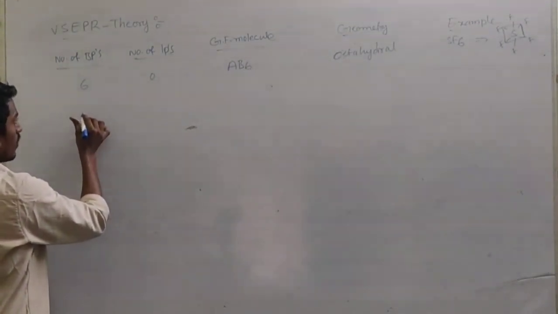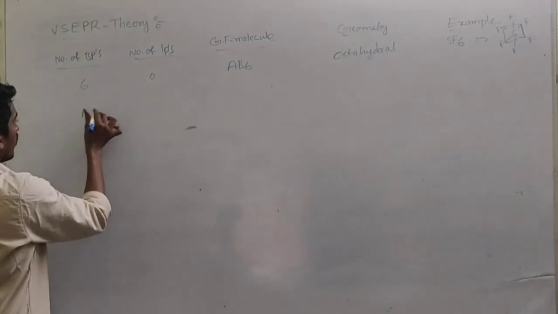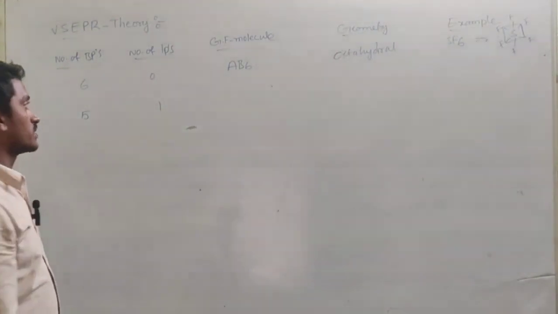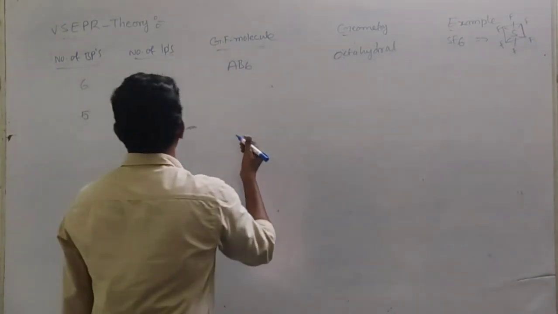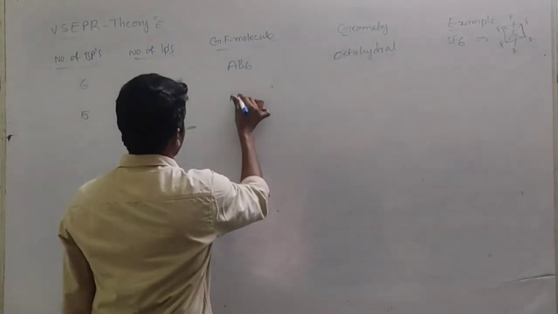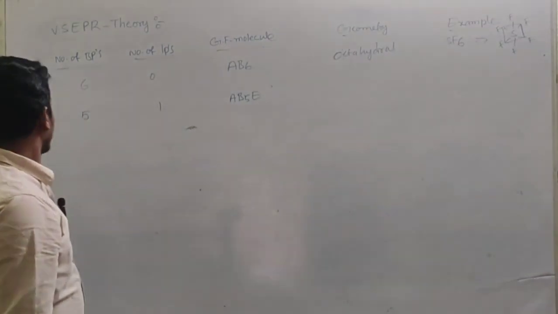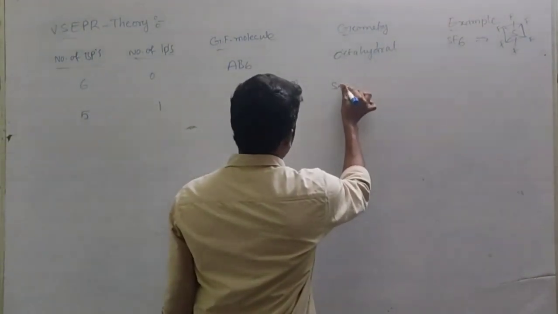So if any molecule has 5 bond pairs and 1 lone pair, its general formula AB5E. AB5E is square pyramidal.